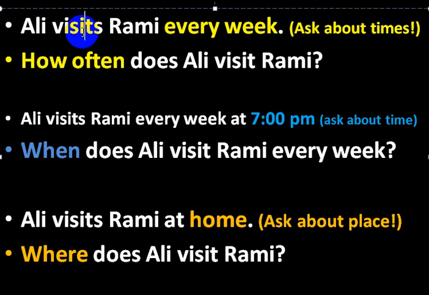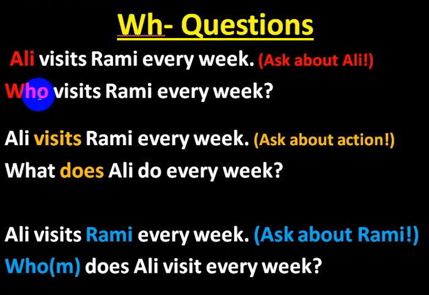Now pay attention. I want you to ask about what? Every week. So what WH question should I use in order to ask about the times? How often. After the WH question comes what? Comes the auxiliary verb. If you notice here, in all the WH questions, we have what? After the WH question comes what?